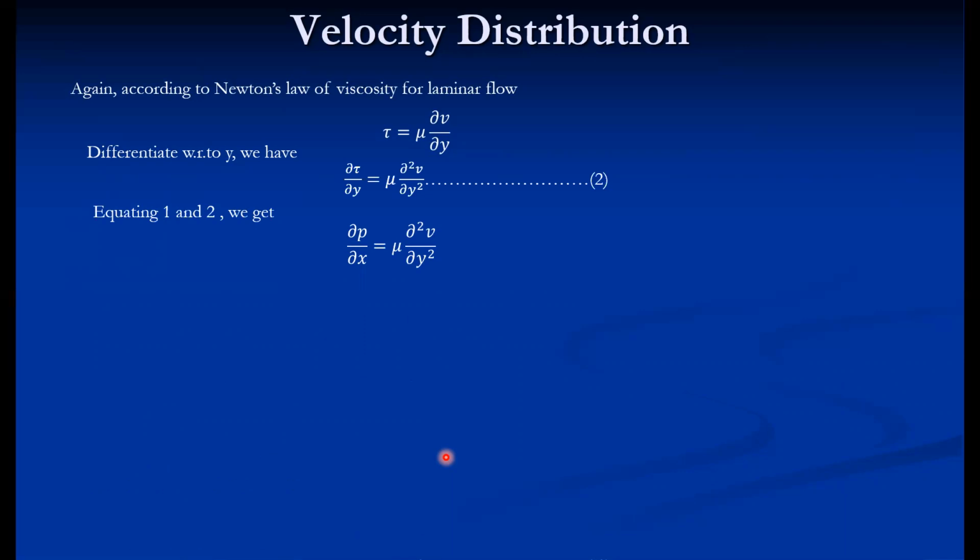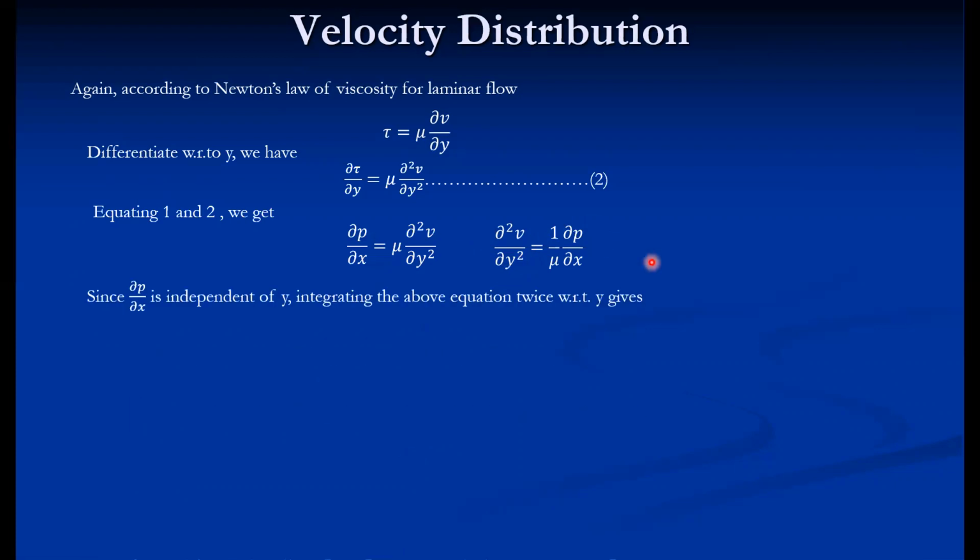Now here, in order to develop the expression of velocity distribution, we have to integrate this expression twice. That is, we take this ∂²v/∂y² on one side, that is equal to this. Now integrate this equation twice because this is independent of the y direction.